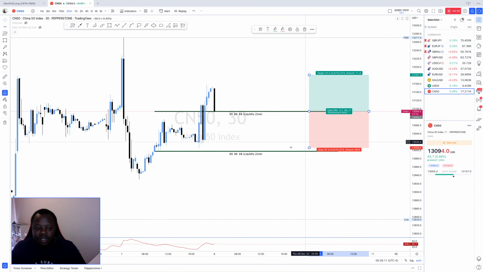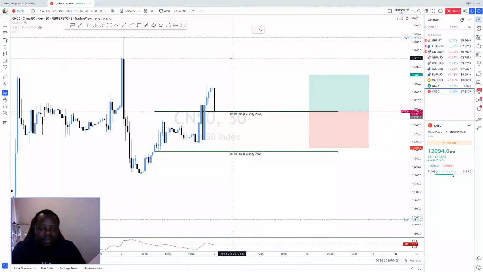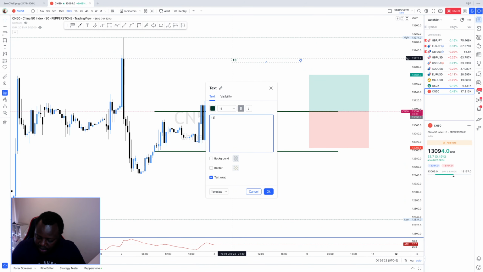So this is what you do. I will use the last down candle, which is 130.18.6. If I move from that candle down to the ATR, that is around 84.4.